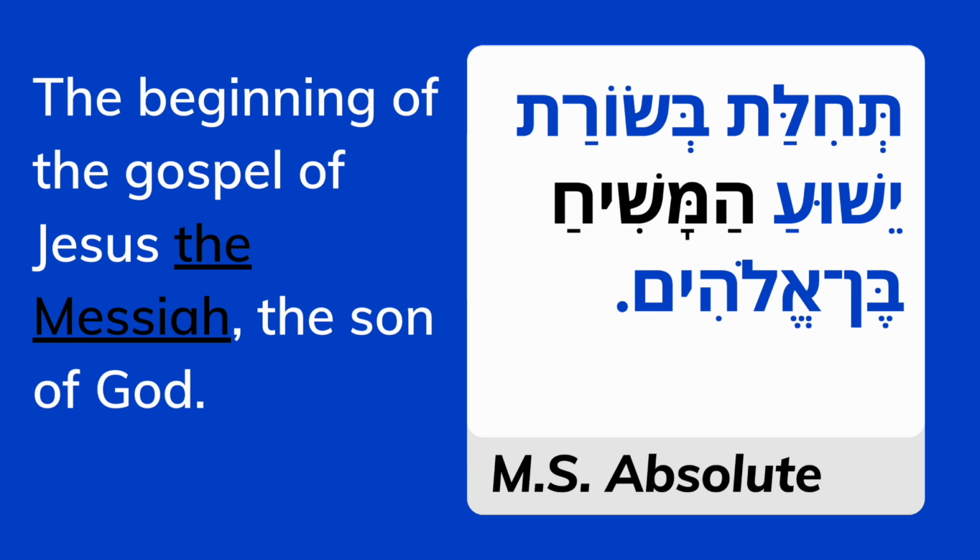Now, usually in English Bibles, this word is translated as the Christ, but the term Christ is not really a translation. It's a transliteration of the Greek form Christos, which means anointed one. So Christ is actually not a translation, it's a transliteration.